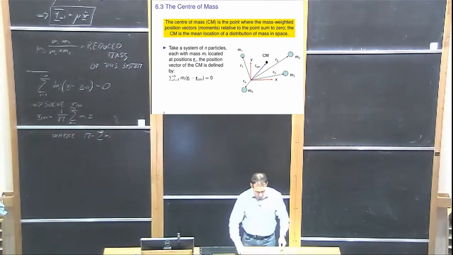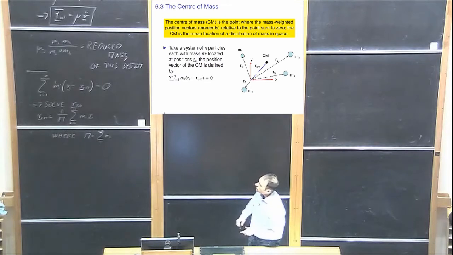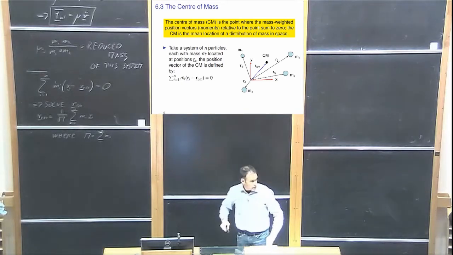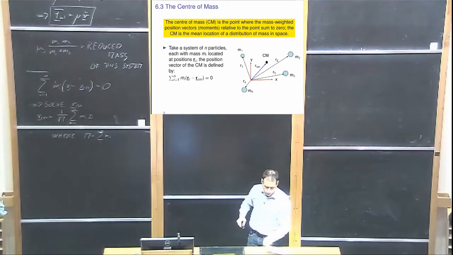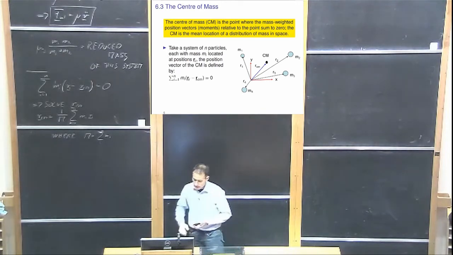So this is the definition. We're going to use it quite frequently to solve problems. Here we've got a discrete system, and building on that, we can start solving some of the examples.